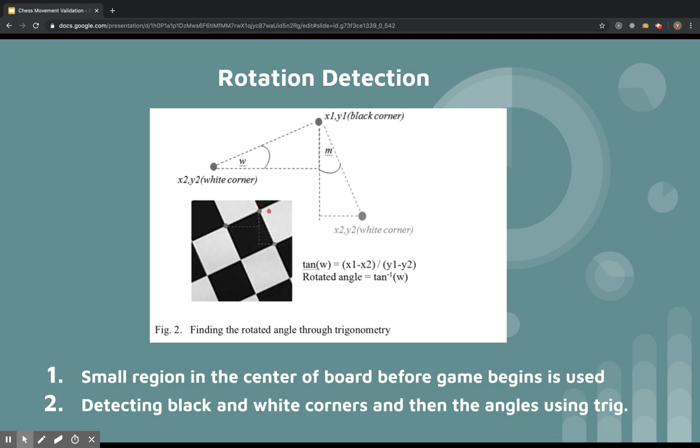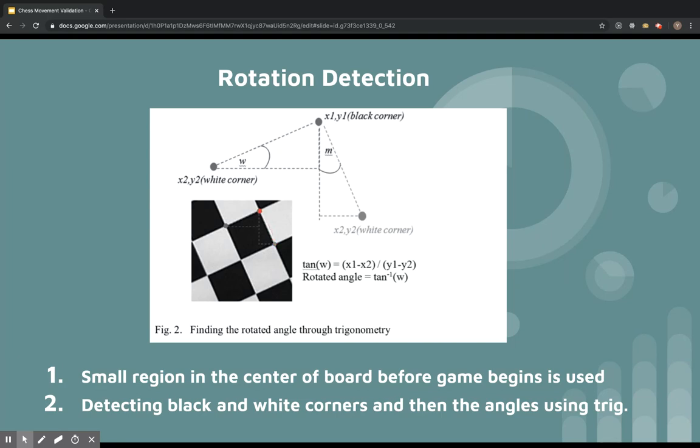In this detection, there's a detection of these particular regions. This happens by detecting the black and white corners in such a way that if there's a white corner before and after a black corner, then that is one of the points.